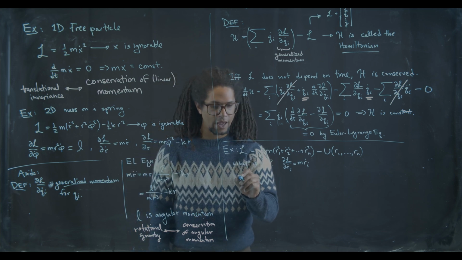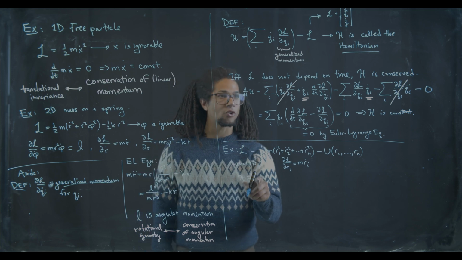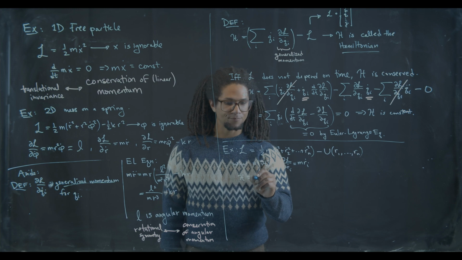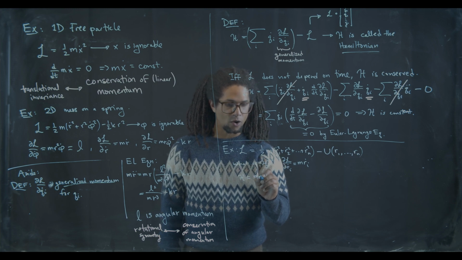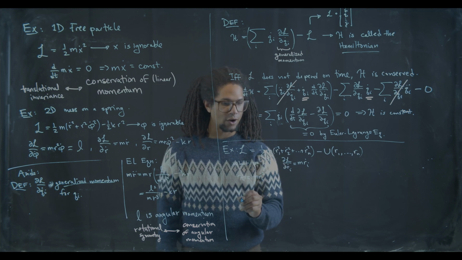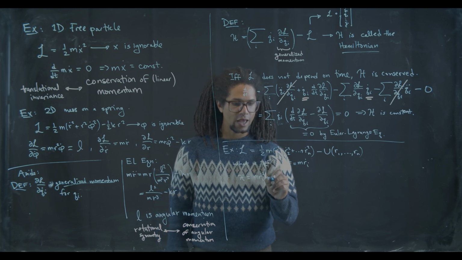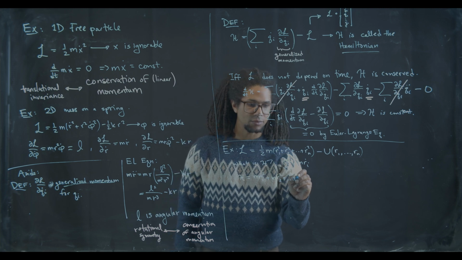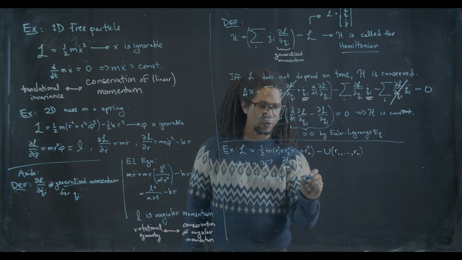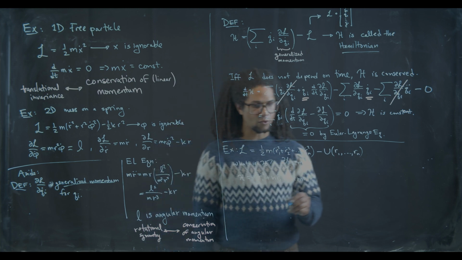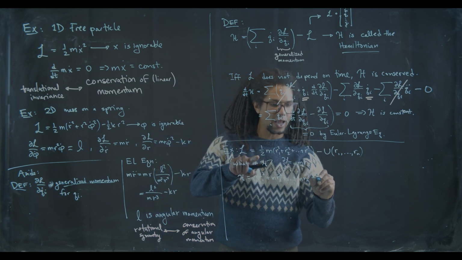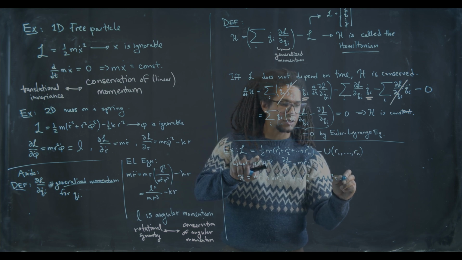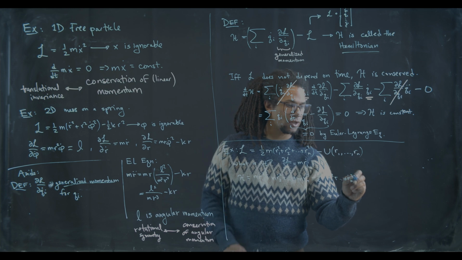So H is now equal to the sum over i of m ri dot times ri dot. So let me express that as m r1 dot squared plus m r2 dot squared plus dot dot dot plus m rn dot squared minus the Lagrangian, which is 1 half times m times r1 dot squared plus dot dot dot plus rn dot squared.